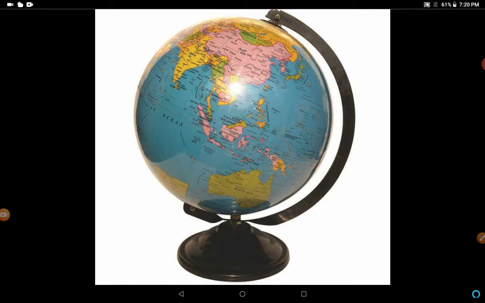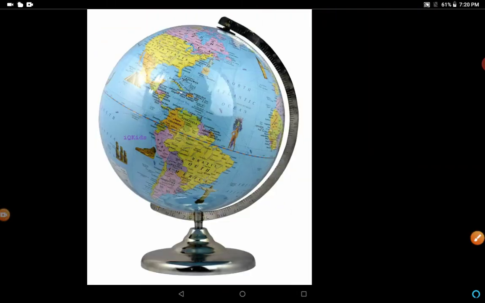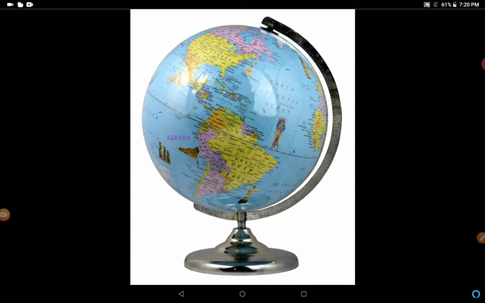The globe is not fixed. How? Because we can rotate it. The globe rotates like Earth, from west to east. Getting my point?